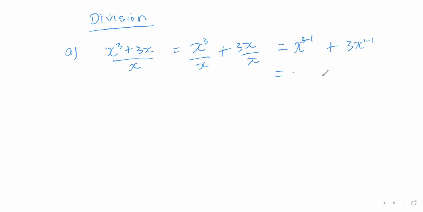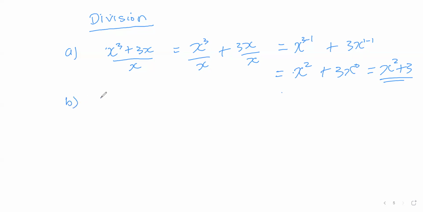Which gives me an x squared plus 3x to the 0. And we know by one of the laws again that anything raised to the power 0 is 1. 1 times 3 is 3. So this whole thing boils down to x squared plus 3. Okay, so this is one way that we can divide if it's directly divisible, right?